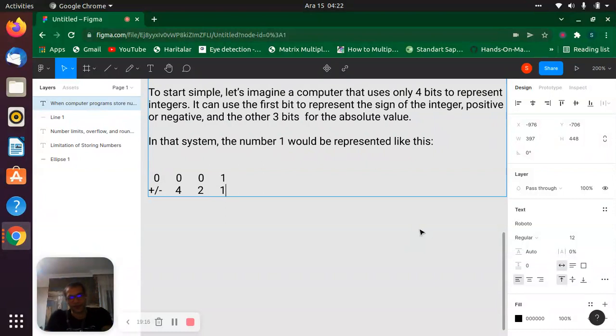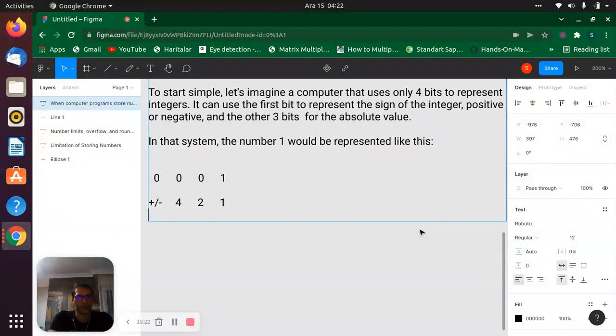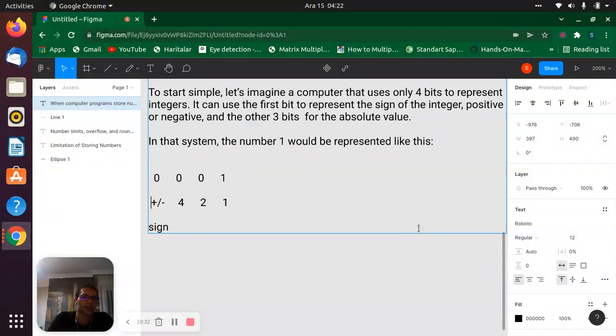Anyway, now what we want to do, I will put also down of it, to represent this subject. Like I can say this is sign. This one will be sign, and this one will be 2 power of 2.